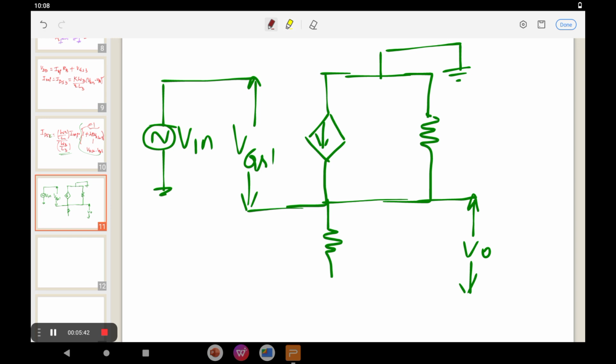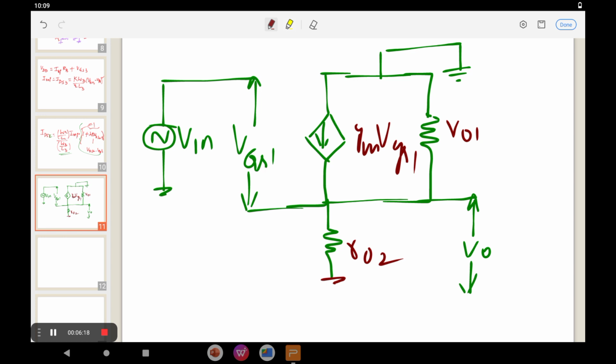This resistance, R02, is equivalent for the current mirror circuit. The remaining part is the common drain circuit, with gm into VGS1. I can call this R01, because it is related to the M1 transistor, with AC ground. This is the small signal equivalent model.